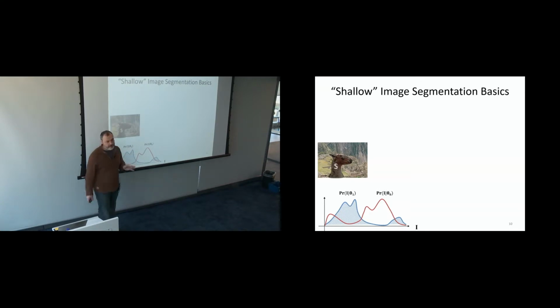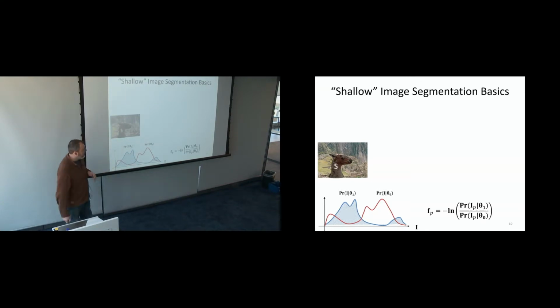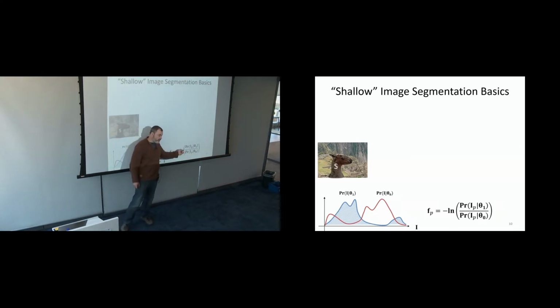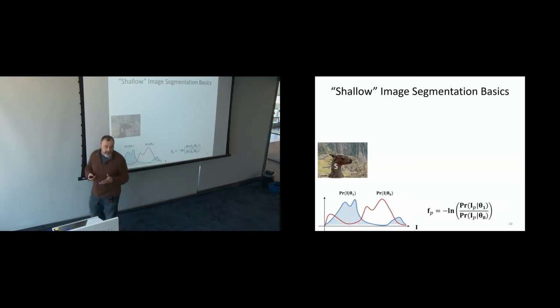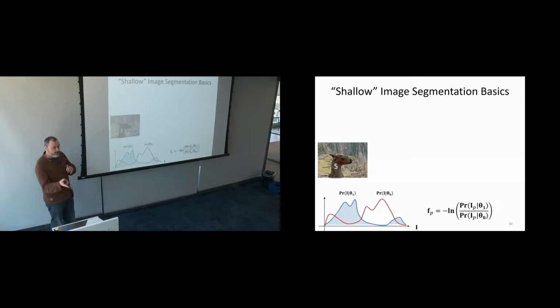But if we take it a little bit more scientifically, well, let's compute the log likelihood ratio at every point. What do I mean by this? Well, if you take a specific point, a pixel, it will be some value here, and then you have two likelihoods for how that intensity fits the object and how well this intensity fits the background. You compute the ratio of the two, take the negative log. So this is the negative log likelihood ratio for these two decisions, object or background.